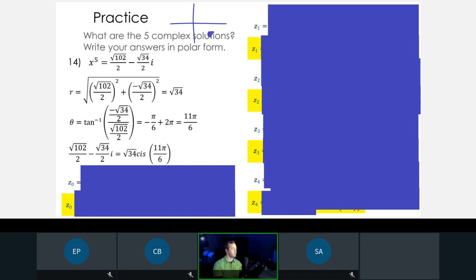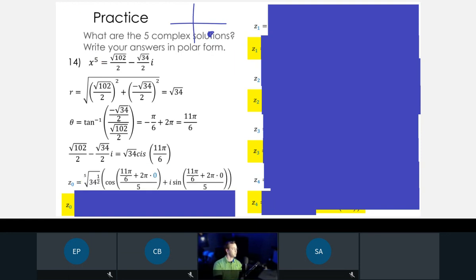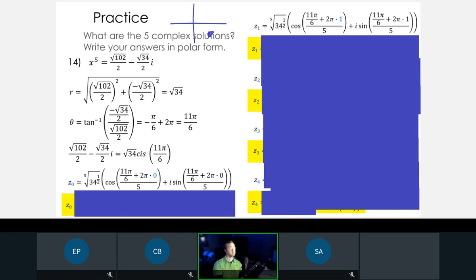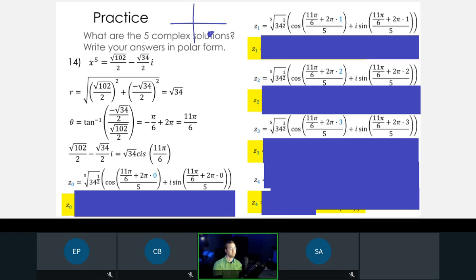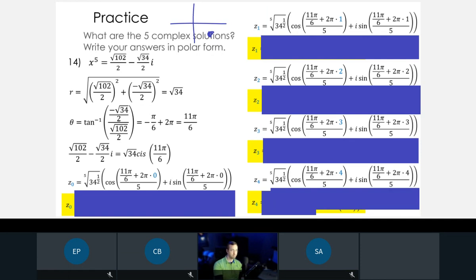Remember, we're doing the fifth roots, so we should have 5 answers starting at 0, going up to n minus 1. So 5 minus 1 is 4, from 0 to 4: 0, 1, 2, 3, 4. And that's what we want to set up: Z sub 0, Z sub 1, Z sub 2, Z sub 3, and Z sub 4.